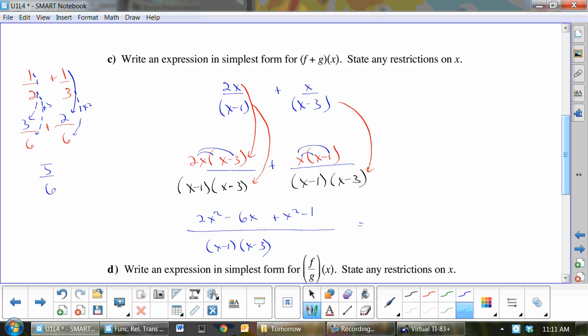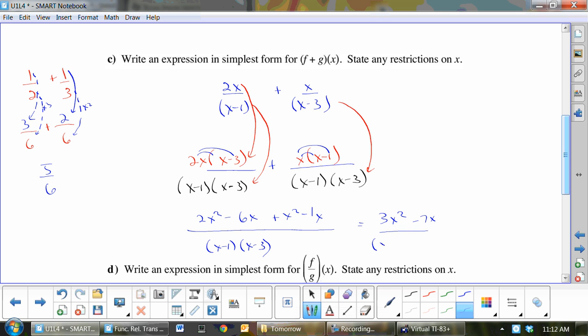I'll finish it off with just getting stuff together. I have a 2x squared and a 1x squared. That is 3x squared. I have a negative 6x, minus 1x. That gives me minus 7x, right?